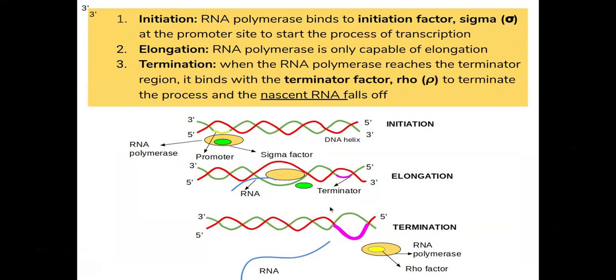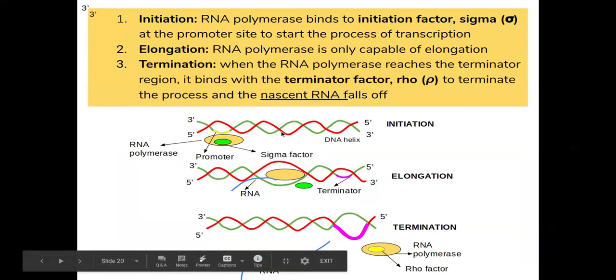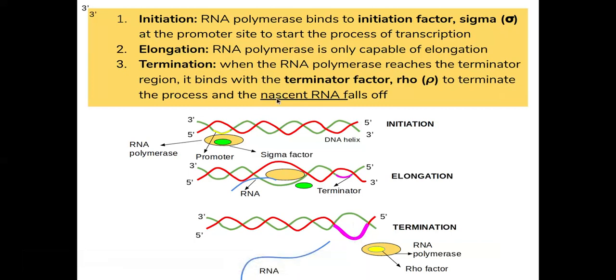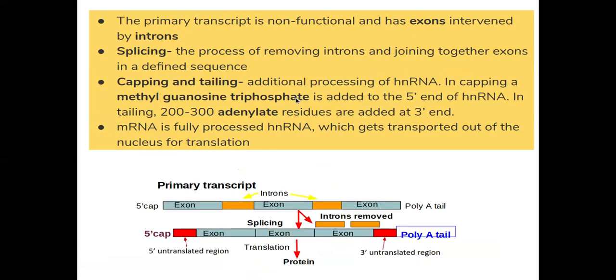The first three steps, I hope you've understood: initiation, elongation, and termination. After termination, you get this nascent RNA, which we said was functional for prokaryotes. But for eukaryotes, please remember this nascent RNA is not fully functional. It requires further steps of processing. So what are the further steps of processing?